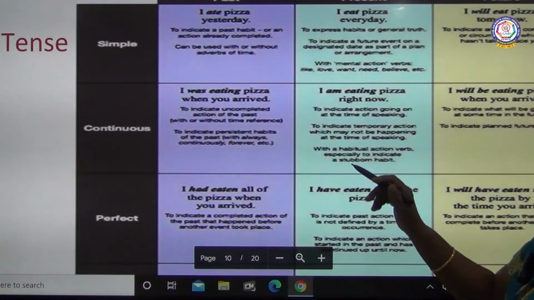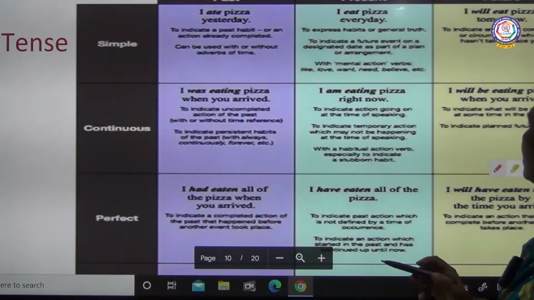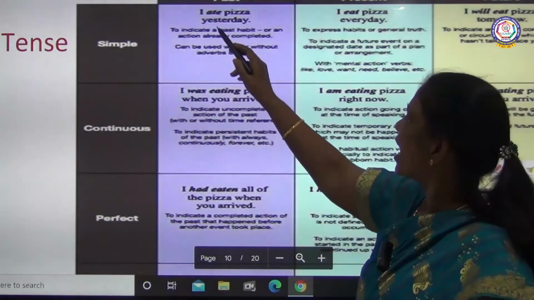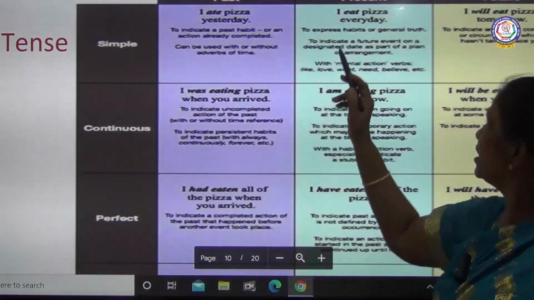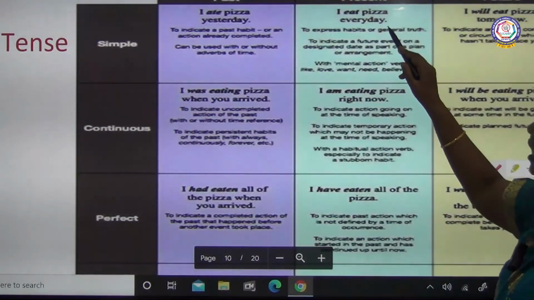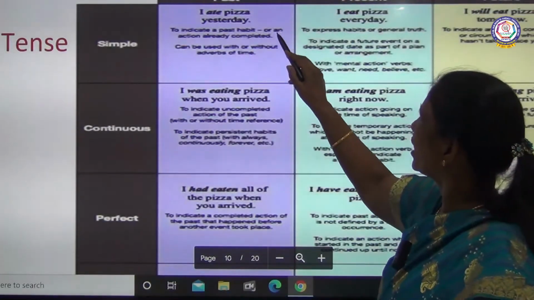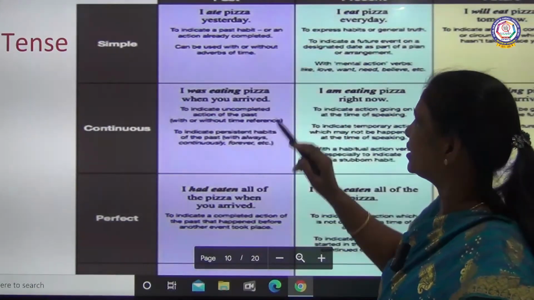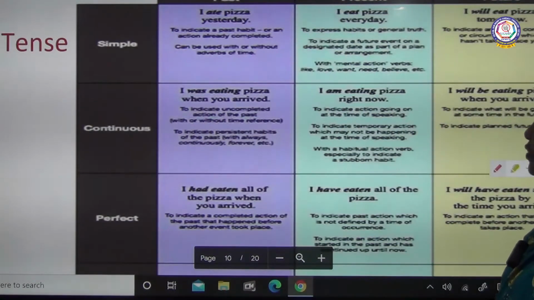Okay. Tense you can see. So here simple present tense. I ate pizza yesterday. So in the present tense how it will be? I eat pizza every day. So to indicate a past habit or an action already completed can be used without adverbs of time.